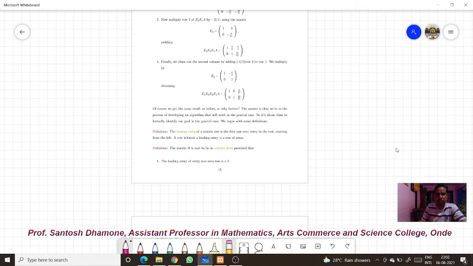The elementary matrix starts as 1 0 0 1.